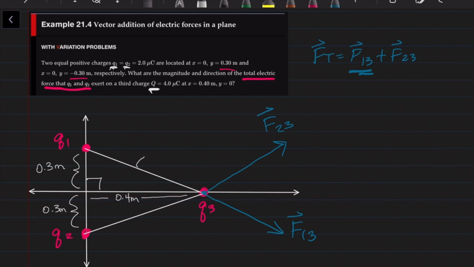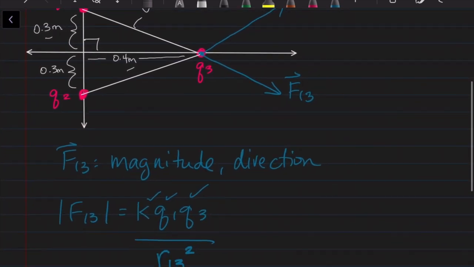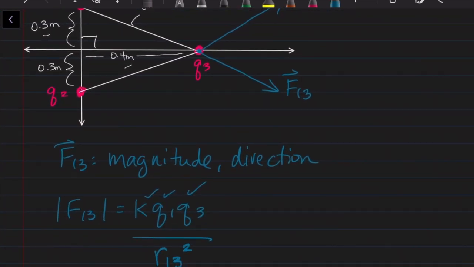And it just so happens to be a 3, 4, 5 triangle. I don't know if that sounds familiar to you from geometry. It's a special triangle. So I don't even need to use the Pythagorean theorem here. I am just going to, right off the bat, know that the hypotenuse is 0.5 because it follows a 3, 4, 5 triangle. So my distance then is 0.5 meters.